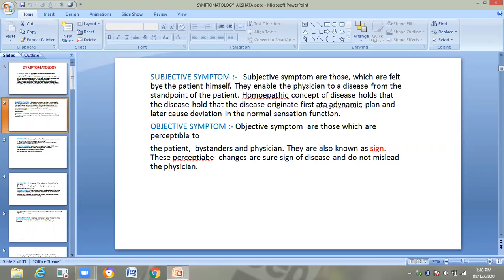They become the most important guide in infants as well as in unconscious patients, in insane, deaf and dumb patients, patients using a foreign language, and even in uncooperative patients. In the case of infants or small children, they are not able to give us their sensations or their sufferings.